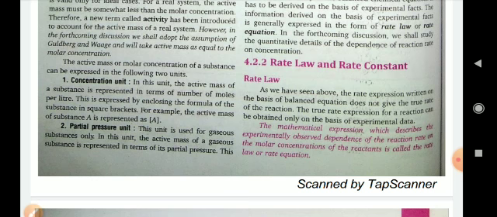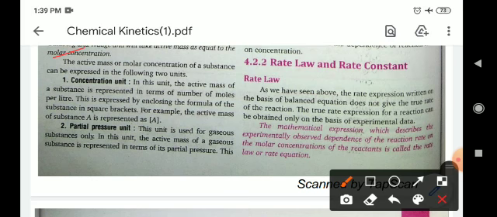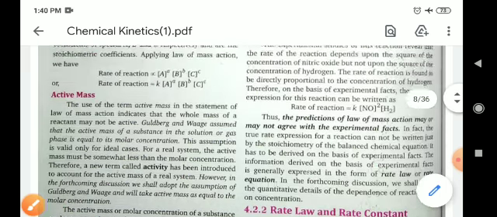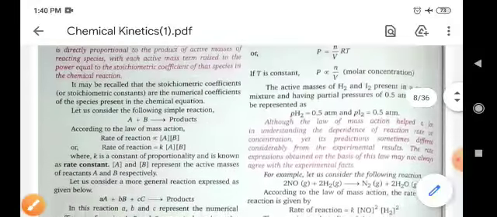The active mass or molar concentration of a substance can be expressed in the following two units: first, concentration unit, in which the active mass of the substance is represented in terms of number of moles per liter; and second, partial pressure unit. This unit is used for gaseous substances only, and in this unit the active mass of a gaseous substance is represented in terms of its partial pressure. So these are basically the active masses.